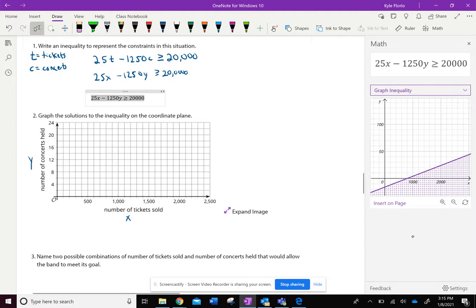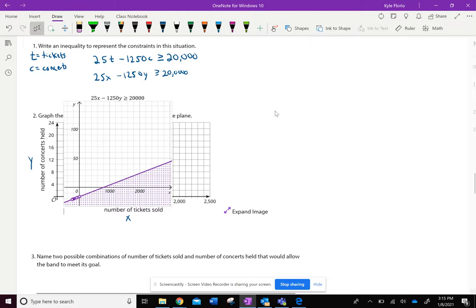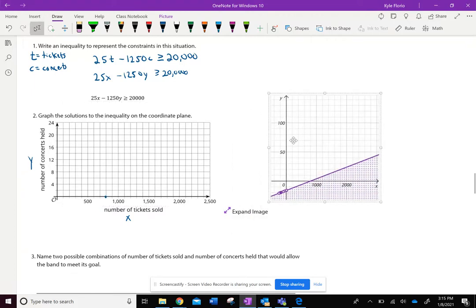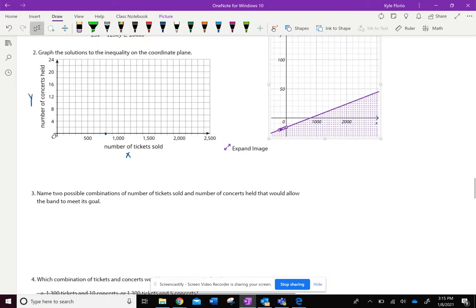So this is where the graph starts, and then it's going to go in that direction. I'm just going to insert this to page. So that's our solution.